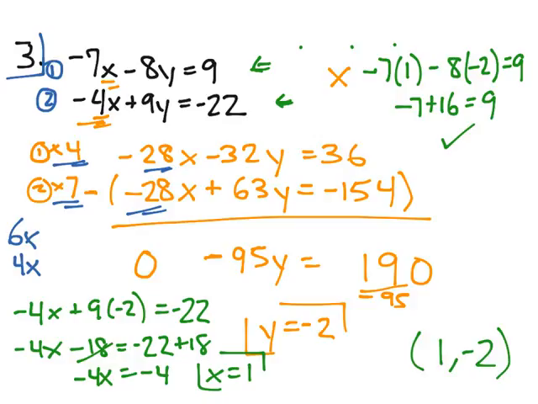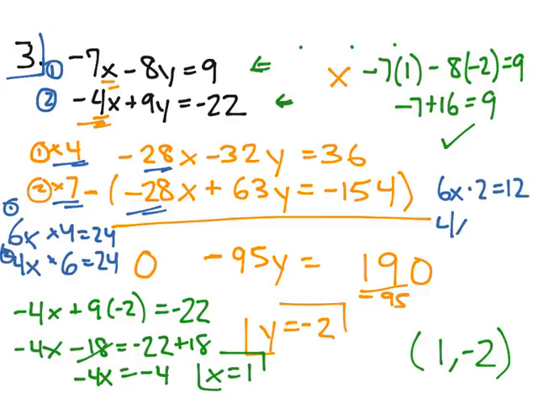You could, of course, multiply the first equation by 4 to get 24x, and the second equation by 6 to get 24x. But you could also multiply the first equation by 2 to get 12x, and the second equation by 3 to get 12x. So try to keep an eye out for that. Easier ways to solve the problem.